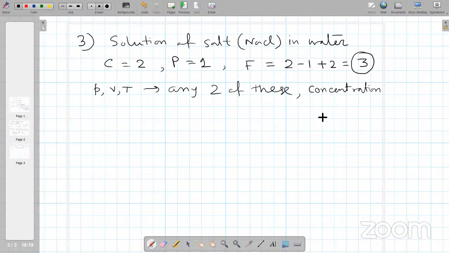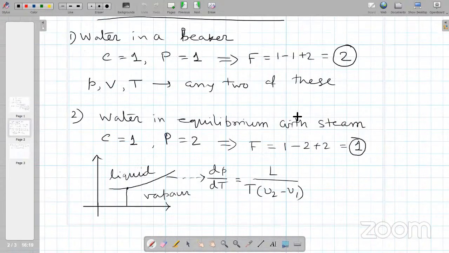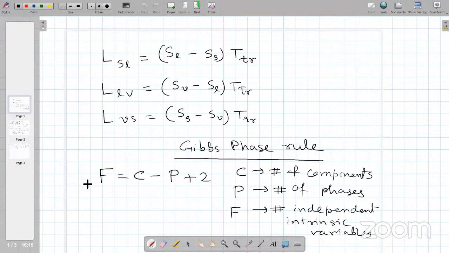And please remember, these are very intuitive. When I solve this, it looks like nothing new. But what I'm trying to tell you is that whatever we have been discussing about phase transition or thermodynamic description of a system is all embedded in this simple looking formula, F is equal to C minus P plus 2.